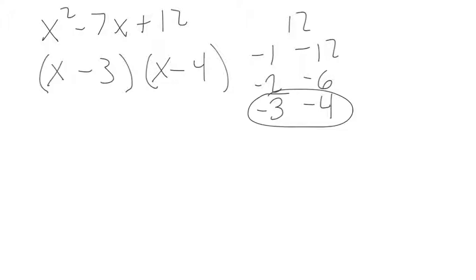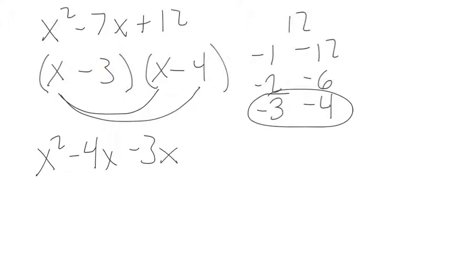Now we can always double check our answers when we're finished by using the distributive property. x times x is x squared, x times negative 4 is going to give me negative 4x. Negative 3 times x is going to give me negative 3x, and negative 3 times negative 4 will give me a positive 12.